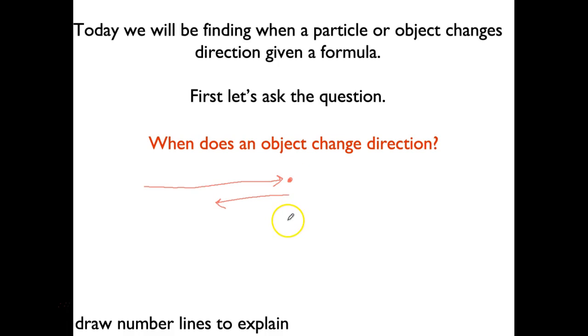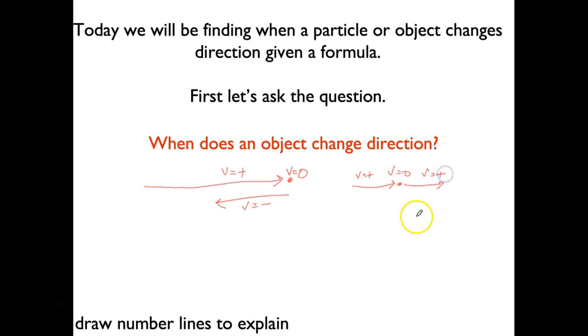In order to do this, what had to happen? Well, I had to stop. At that point, my velocity had to equal 0. I changed direction when my velocity equals 0, and I switched from having a positive velocity to having a negative velocity. Now, would I have changed direction if I had been walking to the right and stopped? I would have gone from a positive velocity to a 0 velocity, then kept walking to the right.